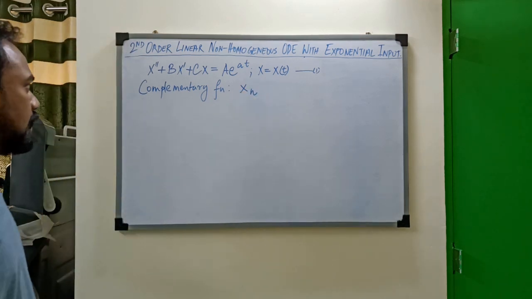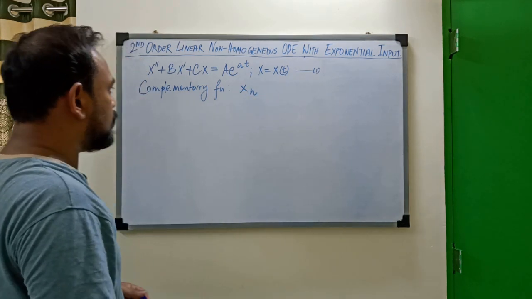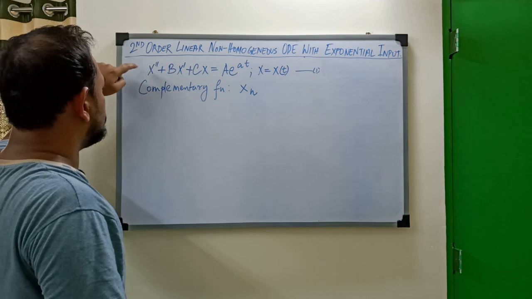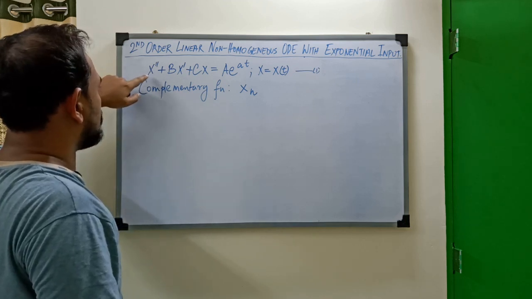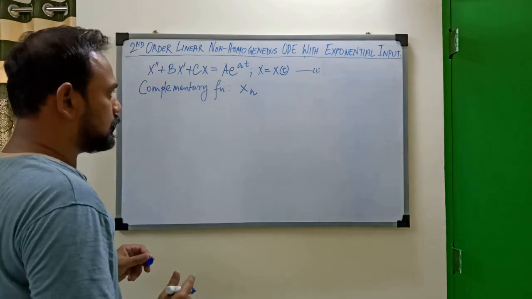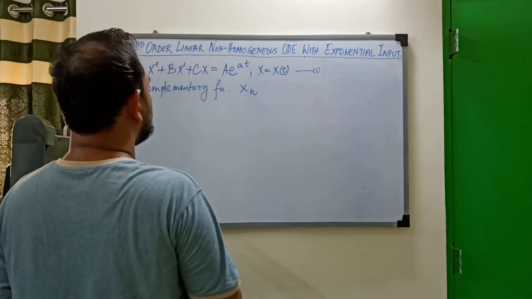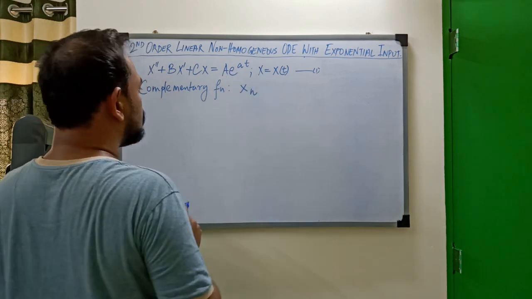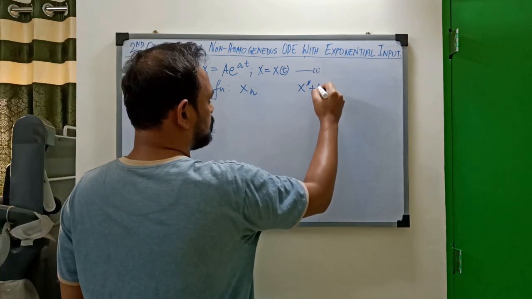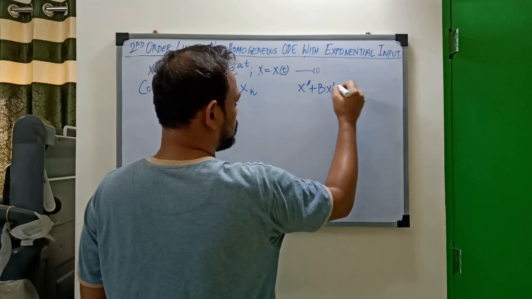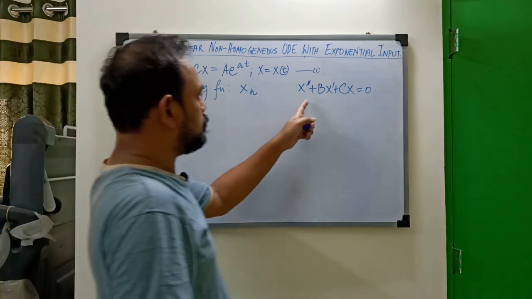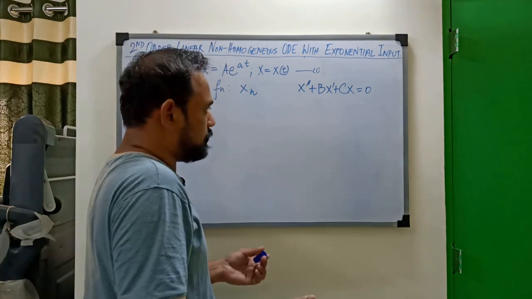If I can just recap again, the complementary function was basically, for the homogeneous form of this differential equation, which was really making the right hand side 0, that is x double prime plus bx prime plus cx equal to 0, the 2 solutions possible for this were, well, they depended on various things.